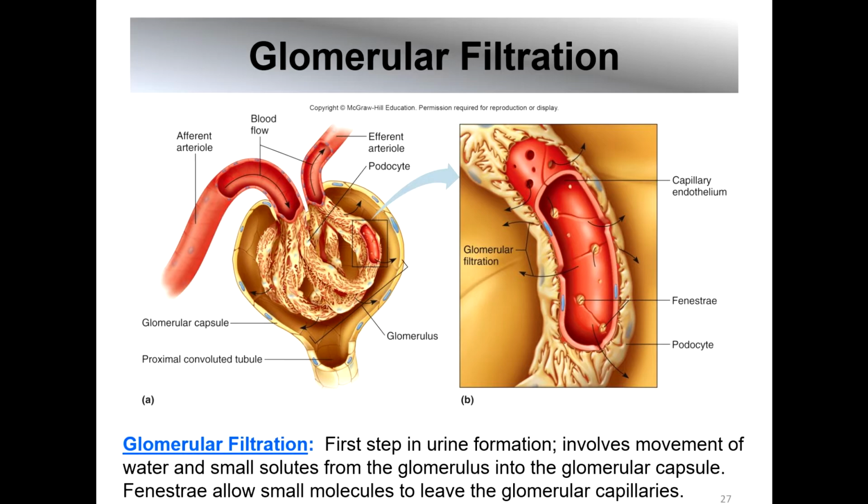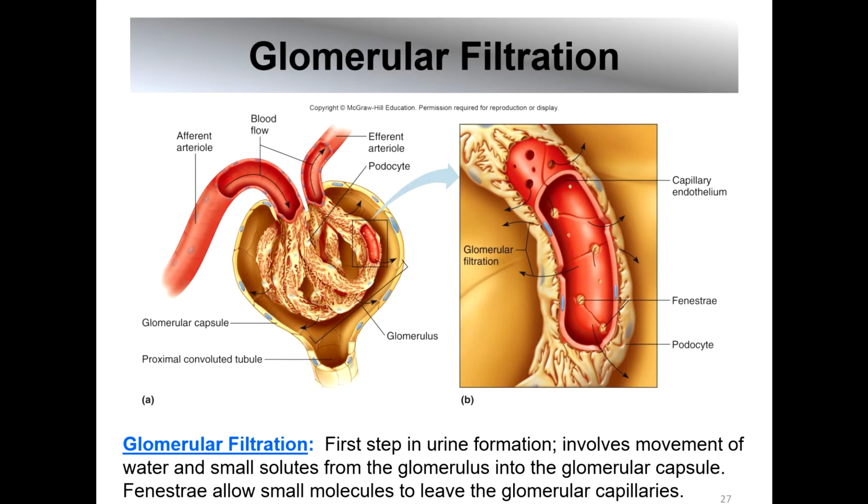All right, so what's going to favor filtration? That's high hydrostatic pressure. That's the literal blood pressure, the pressure of the fluid inside the glomerulus. If that hydrostatic pressure is high, that's going to push fluid out of the blood and into the capsular space. Now, what forces oppose this?